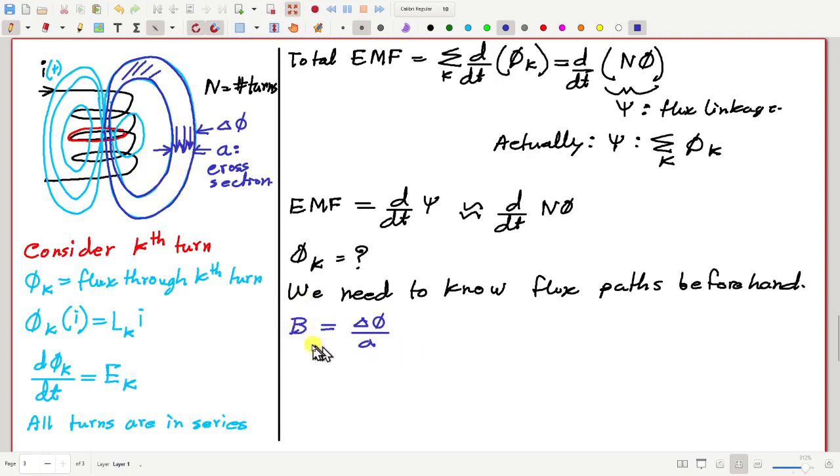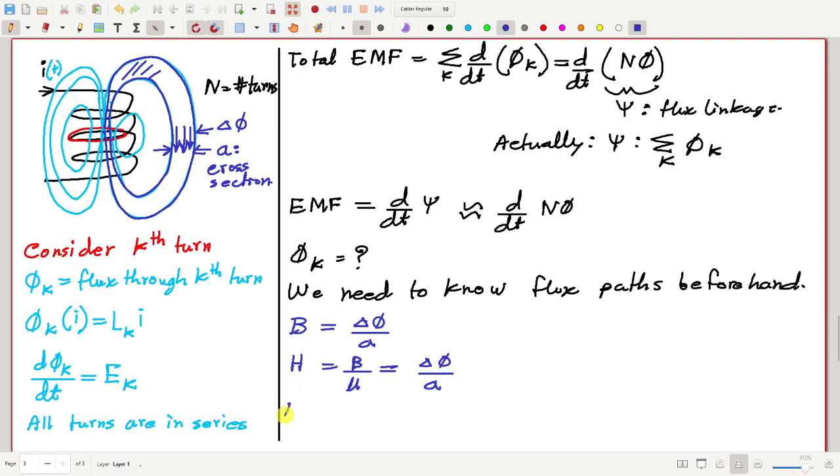If you recall your higher secondary physics, we define the magnetic field intensity vector H as B by mu, where mu is the permeability of the medium. H is also called the auxiliary magnetic field. Whatever you call it, H is then delta phi by A times 1 over mu.